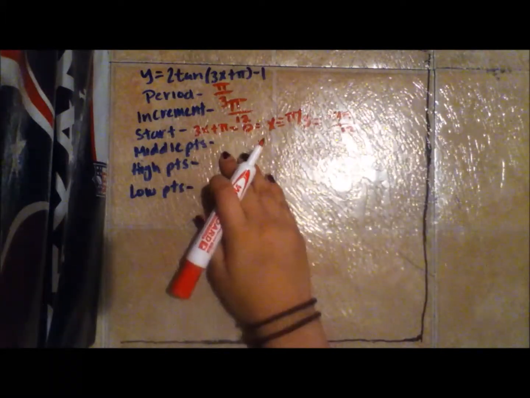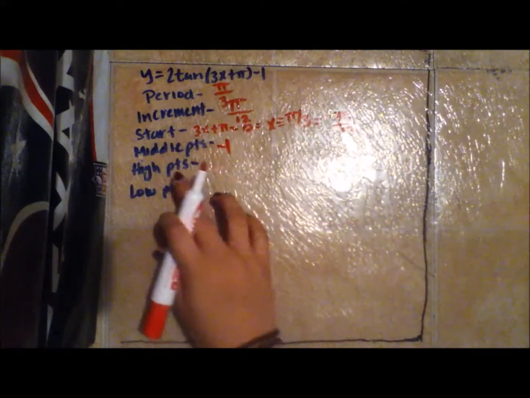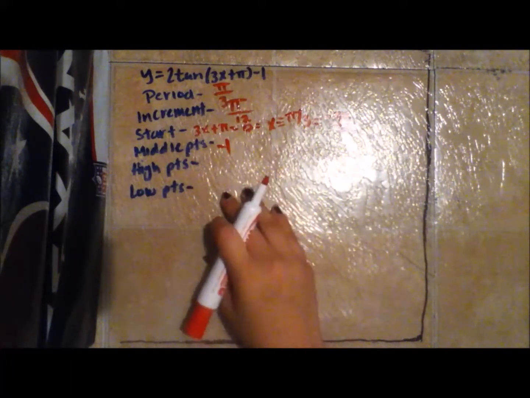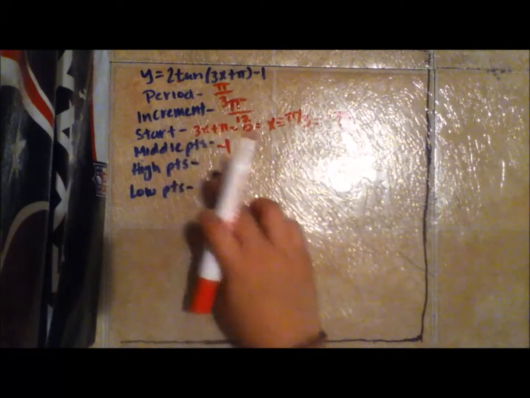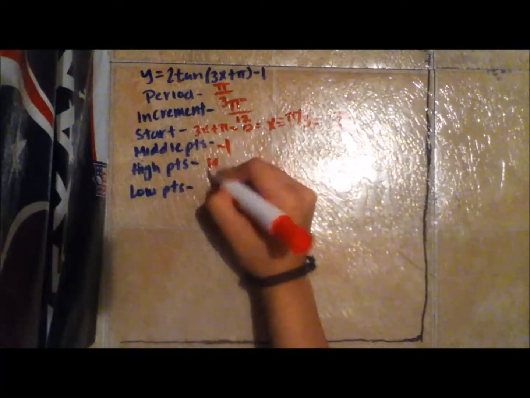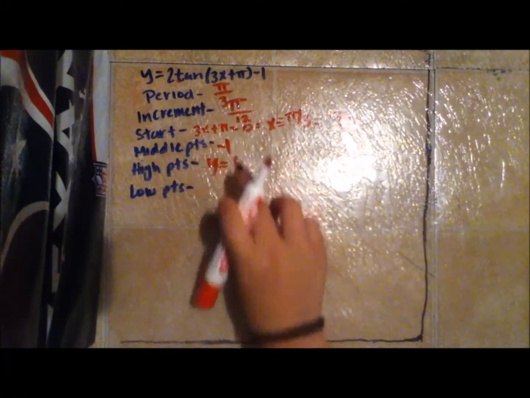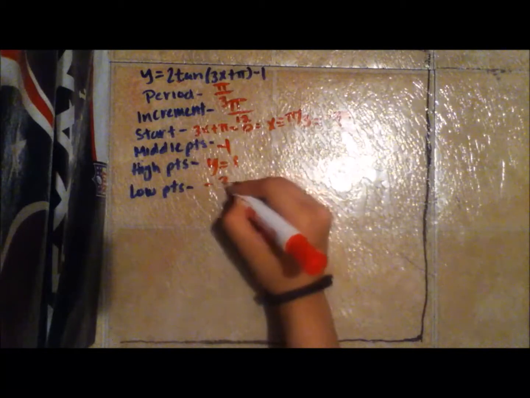The middle point will be negative 1, and from that you now have to find the high points and the low points, where the amplitude is 2. So we start at negative 1, the high points will go up, so y equals 1, and from negative 1 it will go 2 down, which equals negative 3.